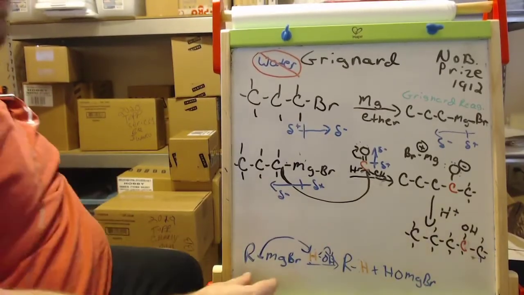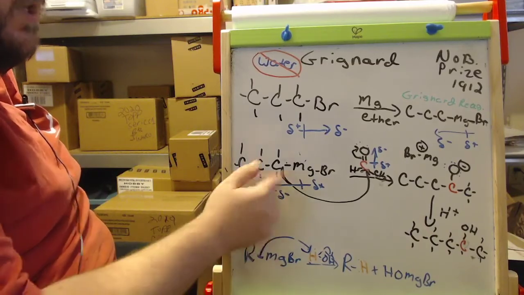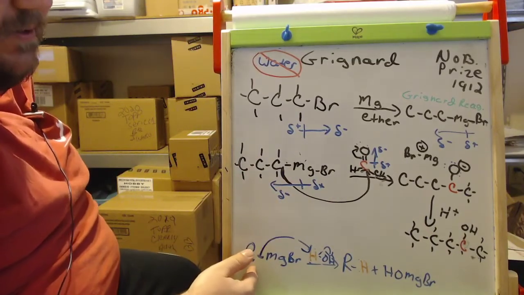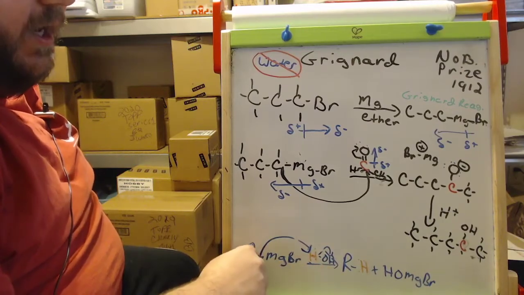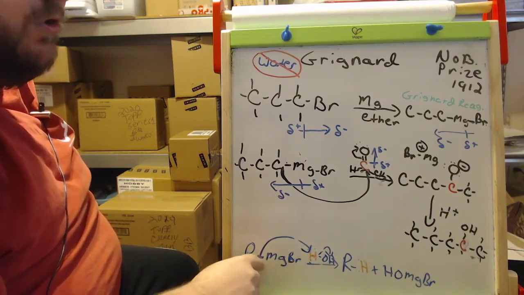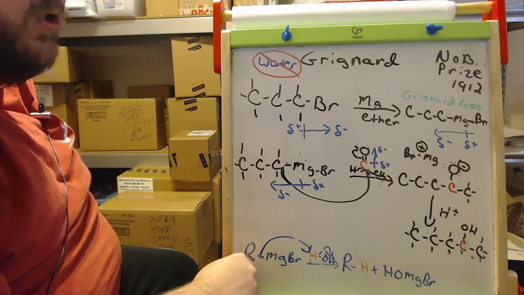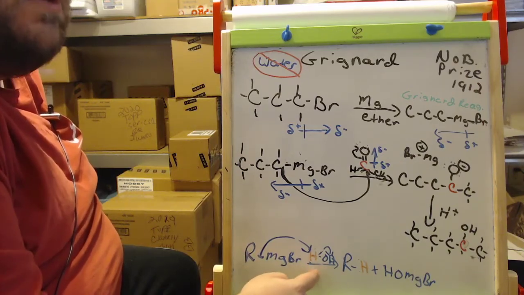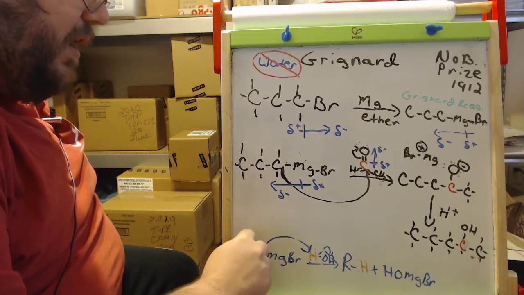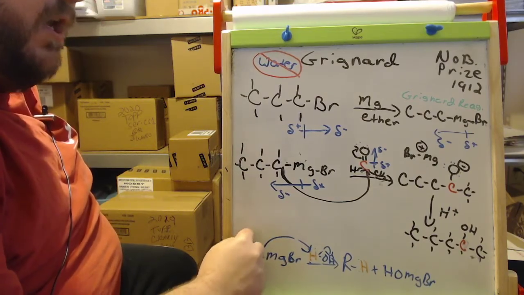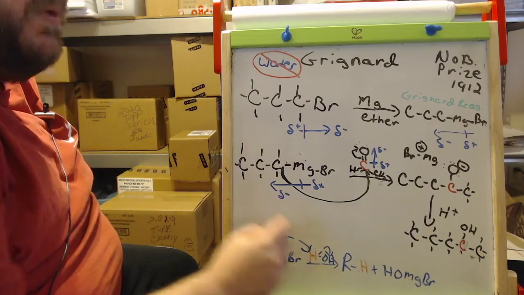Okay, so if I have my Grignard reagent down here, again, R means some carbon chain, we all know that, and I have water present. All right, the carbon's going to attack the hydrogen because the carbon is negatively charged, and the hydrogen in water is just acidic enough that the partial negative charge on carbon will rip it off.